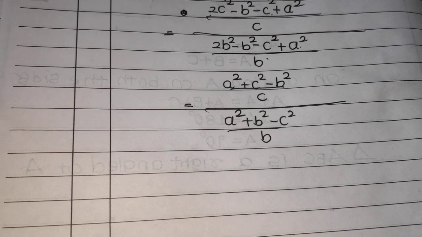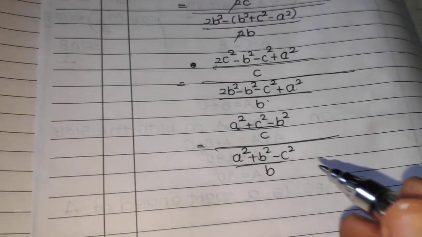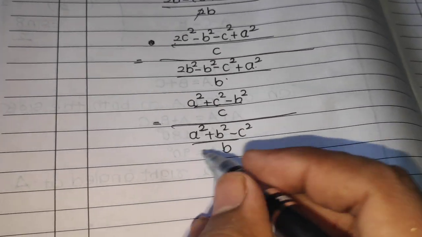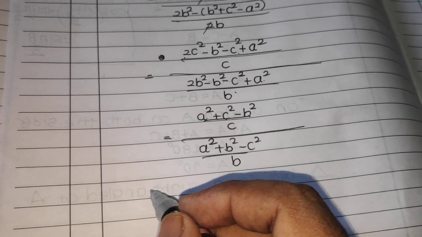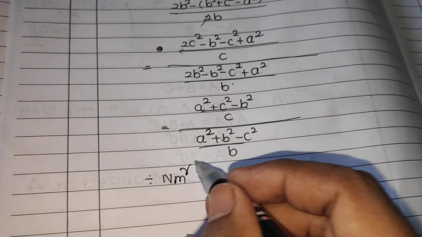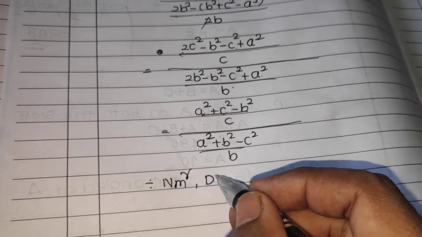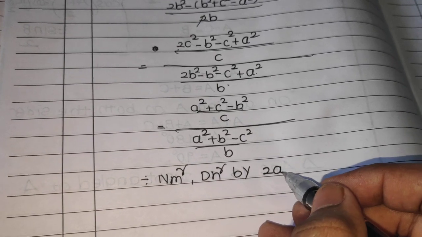Now if you remember the cos B formula, what I am going to do is divide numerator as well as denominator by 2a.